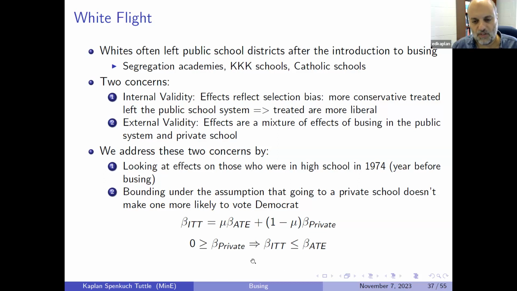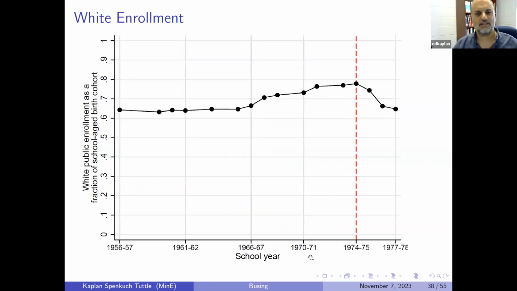To the degree that we think that going to a segregation academy is not going to make you more progressive and more liberal, then our ITT estimates are a lower bound on our average treatment effect. To the degree that you think that's not the case, you can at least interpret our ITT estimates as an intention to treat effect.